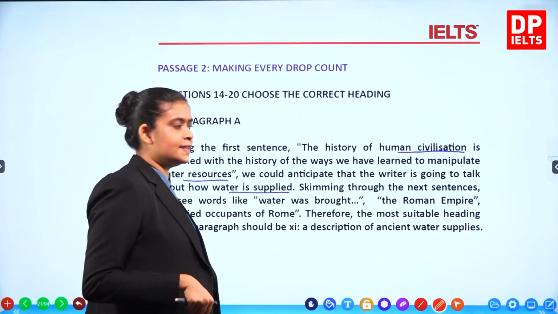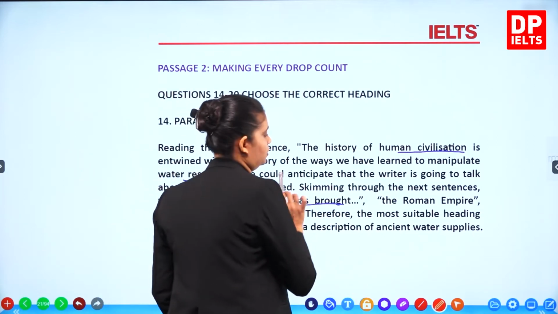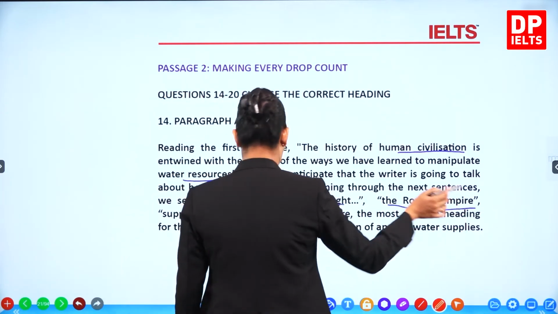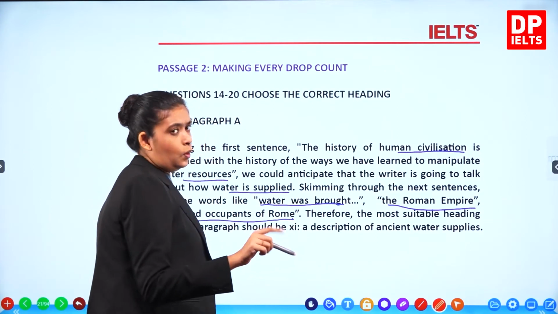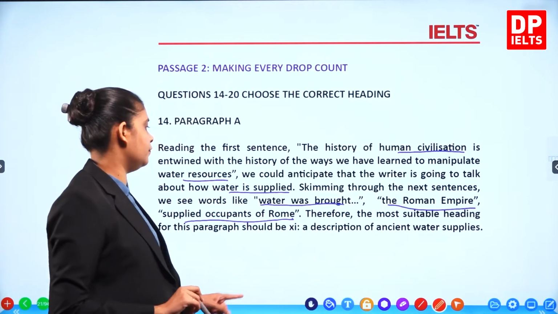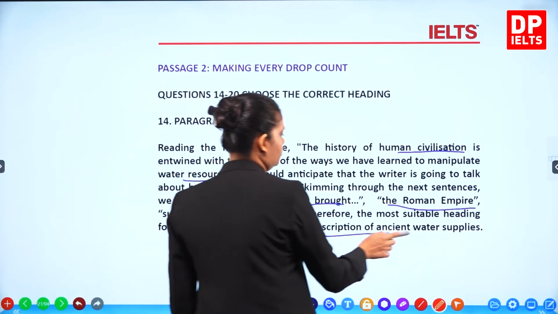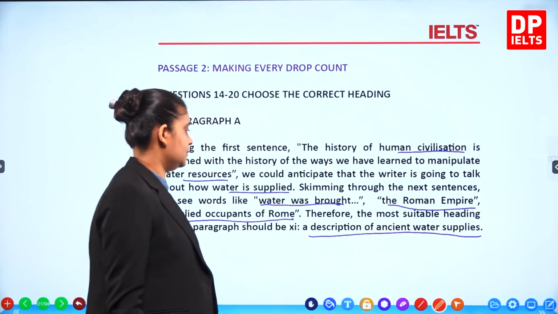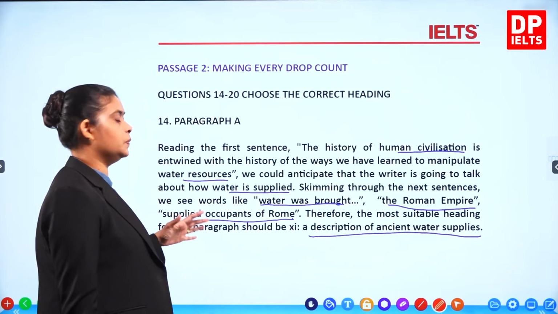Skimming through the next sentences, you will see words like water was bought, the Roman emperor, supplied occupants of Rome. Therefore, the most suitable reading heading for this paragraph should be 6. Okay? A description of ancient water supplies. Because we know this is about water resources, right? So how it was supplied.